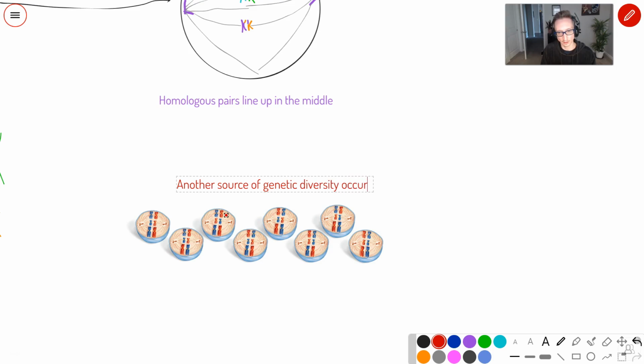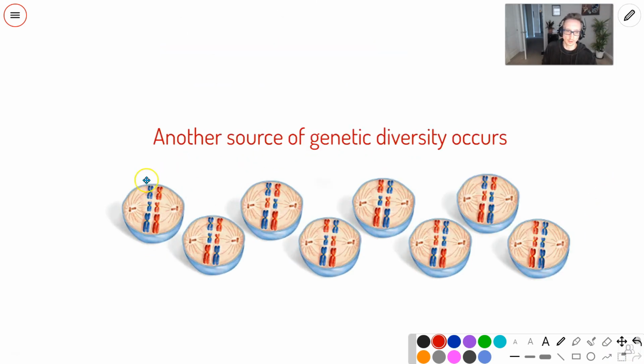Diversity occurs in the orientation. We'll walk through this. These are different versions that could occur: version 1, 2, 3, 4, 5, 6, 7, 8.